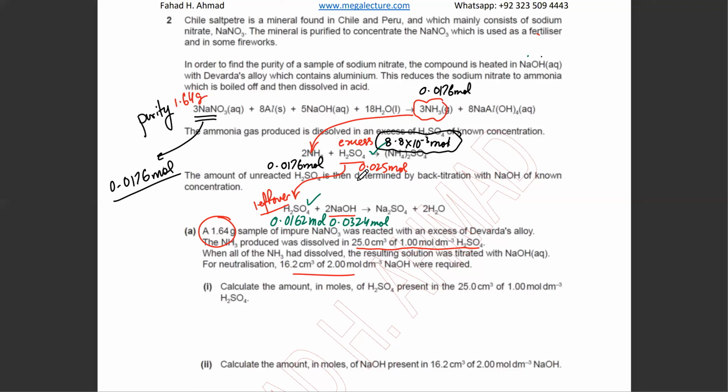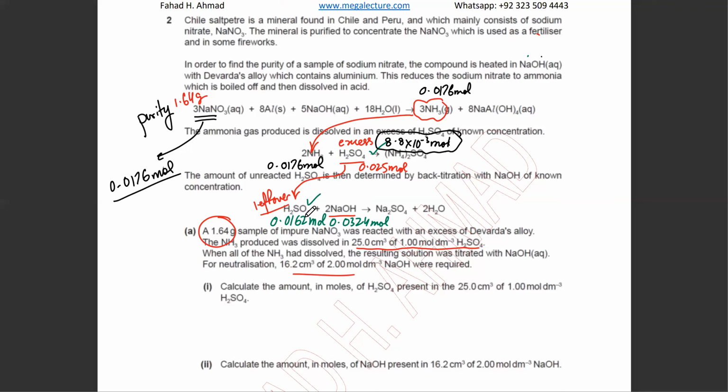Okay, he told us that there was excess sulfuric acid, which is 0.025 moles. And he told us the quantity of NaOH as well, that it was 0.0324 moles that was reacting with the leftover H2SO4.